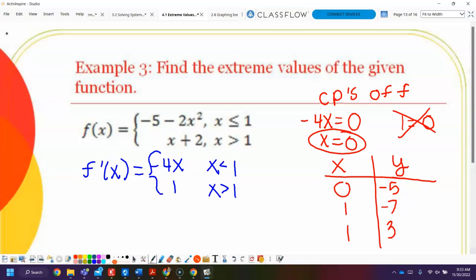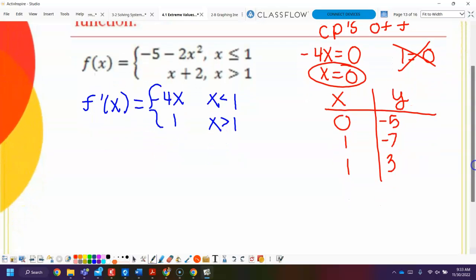So you have your critical points and your endpoints. That's what it looks like if you were to give yourself a rough sketch of this.